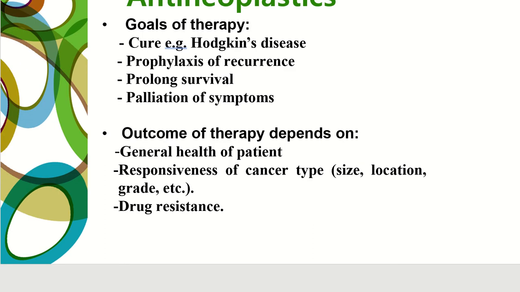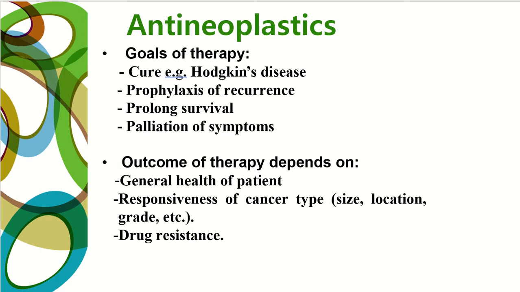So, goals of therapy. Right, so really for our antineoplastic, we want a cure, right? So, for example, in Hodgkin's disease, we want to prevent the recurrence of the cancer, or we want prolonged survival.